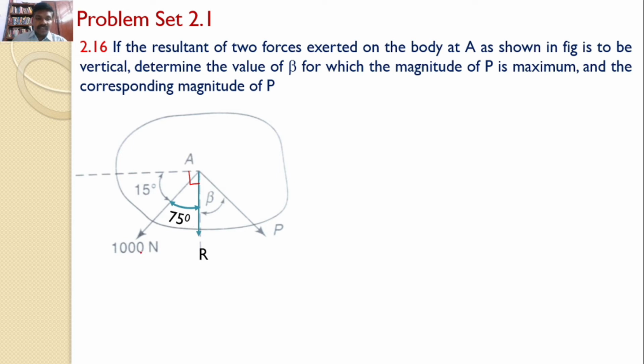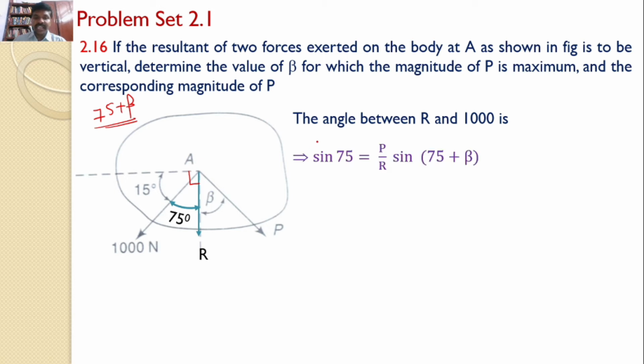Now, the angle between these two forces, 1000 newtons and P, is 75 plus beta. The angle between R and 1000 newtons is 75 degrees. So, you can write the equation as sin 75 is equal to P by R into sin (75 plus beta).